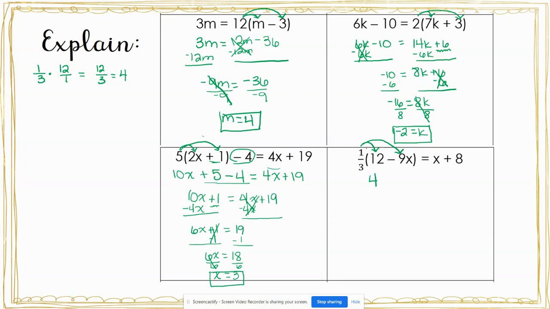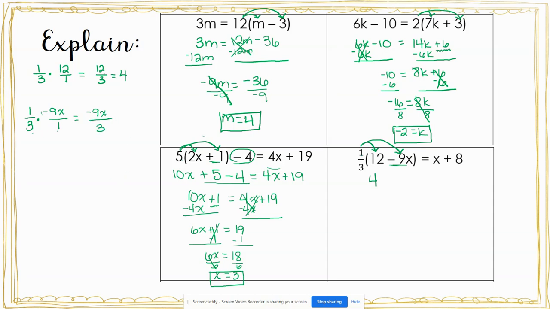I also have to multiply 1/3 times not 9x, but this minus sign tells me that it's negative 9x. So if I multiply 1/3 times negative 9x, remember that if I have a whole number, again, I'm going to put a 1 under it. Well, 1 times negative 9x is negative 9x. 3 times 1 is 3.